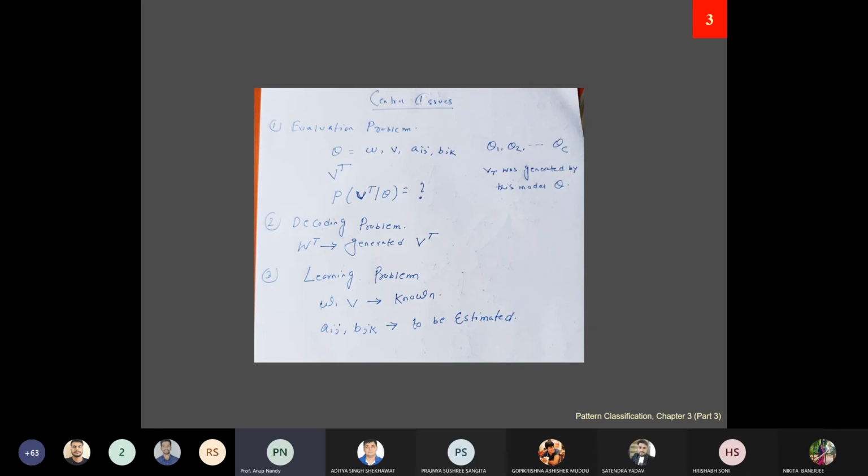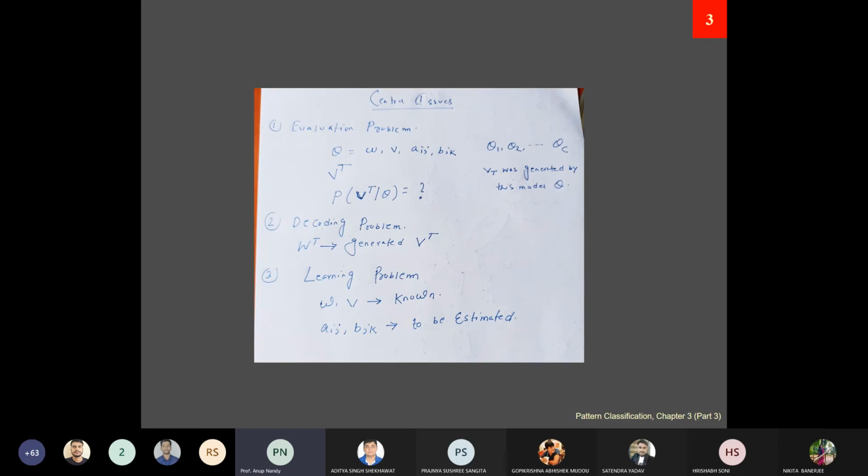Now you have to compute the probability of generating the observation sequence Vt given the model theta. That is called the evaluation problem. Now the Vt was generated by this model theta.